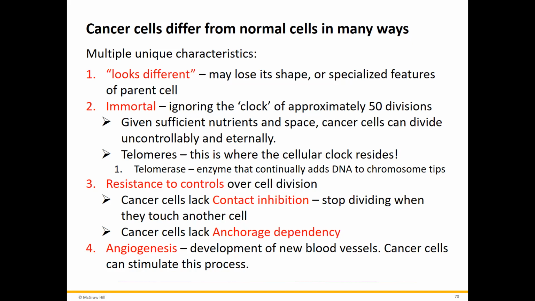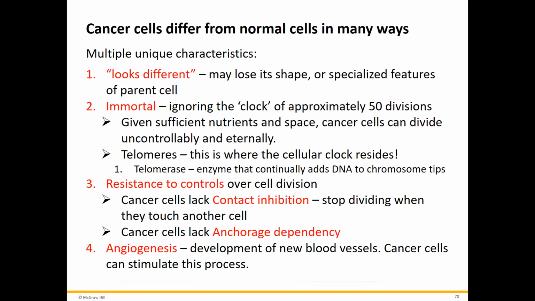It ignores the normal cell cycle clock. Most cells divide 50 times, but if they have enough food and space, cancer cells can divide uncontrollably and eternally. And then the second thing under immortal is the telomeres, because this is where the cellular clock resides. We'll talk more about telomeres here in a minute.